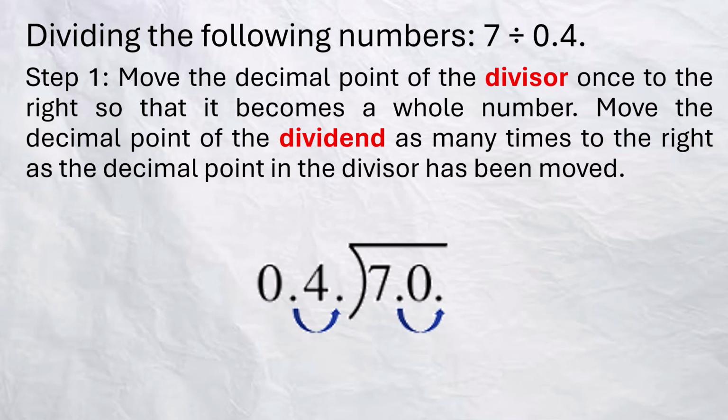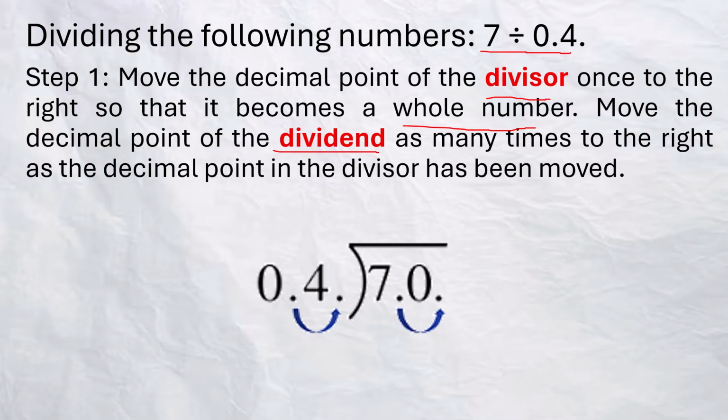Let's have another example. Divide 7 by 0.4. Again, step 1, move the decimal point of the divisor once to the right so that it becomes a whole number. Why only once? Because we only have one decimal place. Move the decimal point also of your dividend as many times to the right as the decimal point in the divisor has been moved.